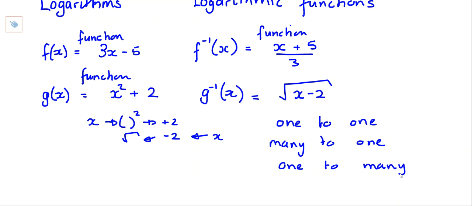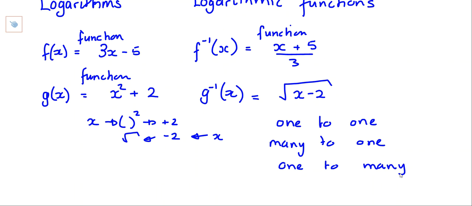If it's not a function, it's a relation. So if one input will give an individual output, like a linear function: if I put x is 3 into a linear function, I only get one y value out. No other x value will give that y answer because I've got a straight line.